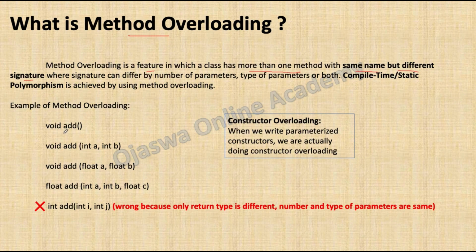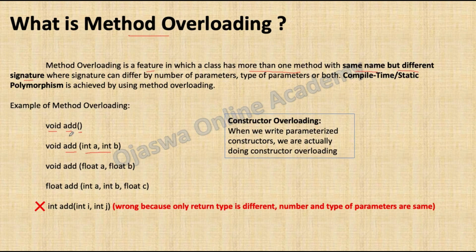For example, a class has a method named add. Return type is void, and this method is not taking any parameters. A class also has a method with the same name, but in this example, there are two parameters of type int. So this is the correct example of method overloading.